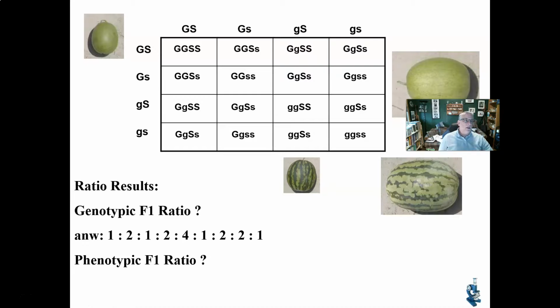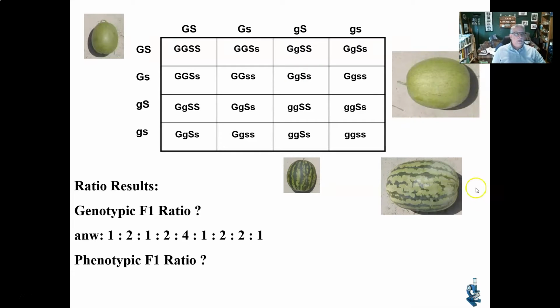What about the phenotypes? How many solid green smalls are there? Here's one right here. Here's one right here. Here's one right here. Here, here, here, here. By the way, I know the pattern.